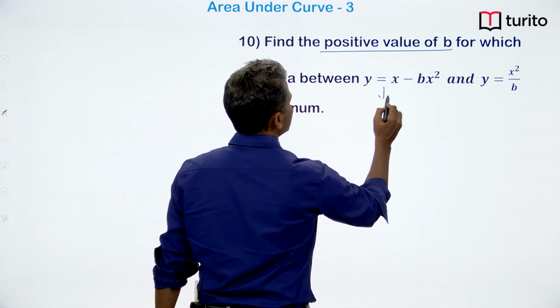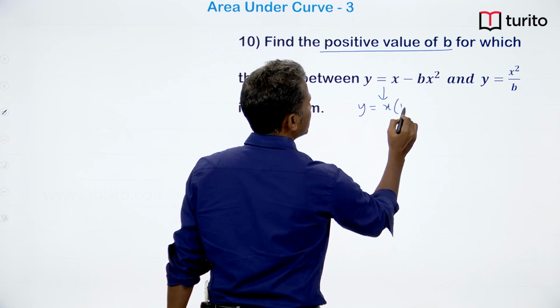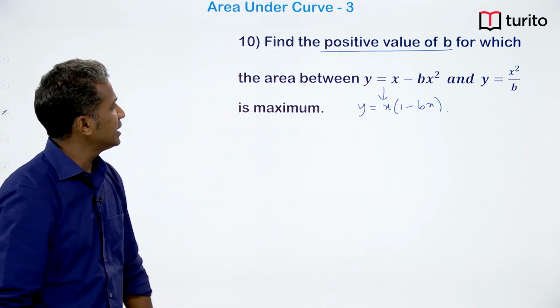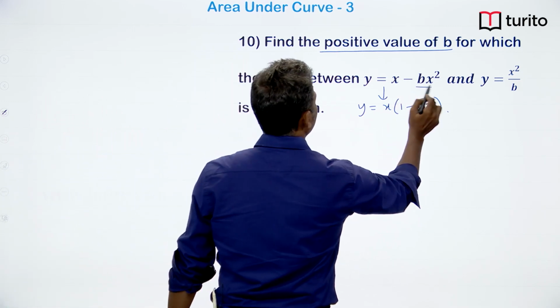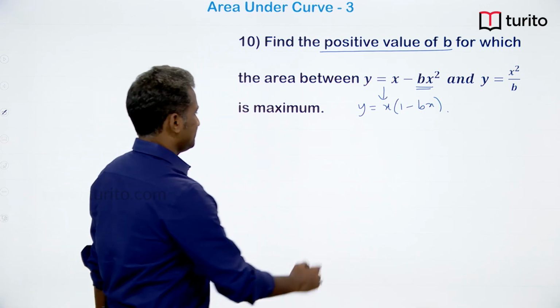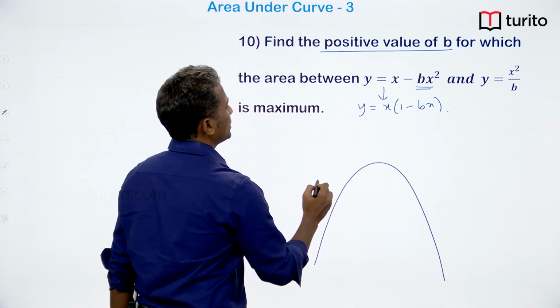Now when I factorize this, I am getting factors like one is x, the other is 1 minus bx. Because b is positive here, the coefficient of x square is negative. So it is going to be a downward parabola. It's a downward parabola. And what are the roots?